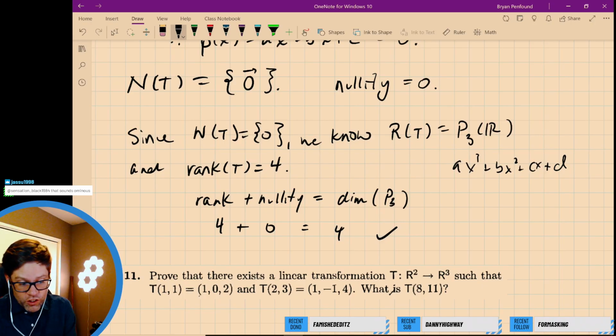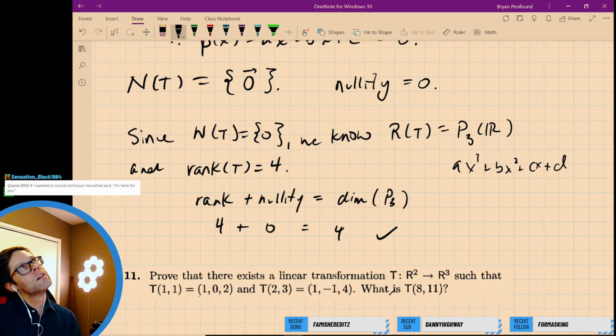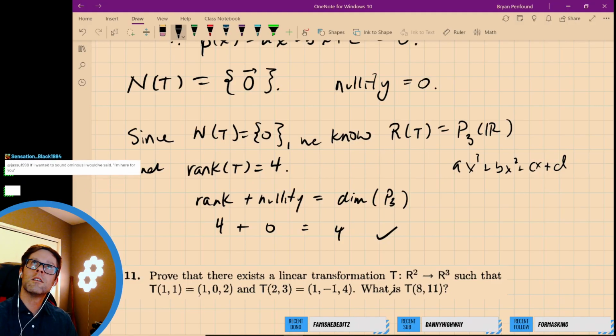And I guess if the kernel's nothing, if the kernel is only the 0 vector, then we know that the transformation should have... Oh, right. I understand what you're saying now. How can the rank be 4? The rank could be 4, couldn't it?